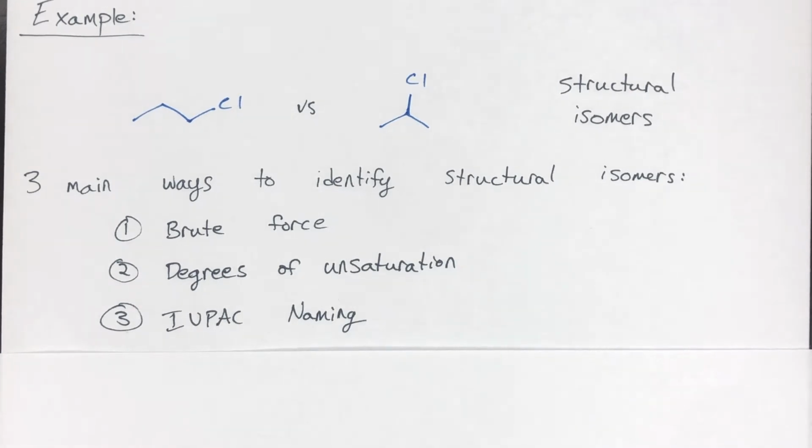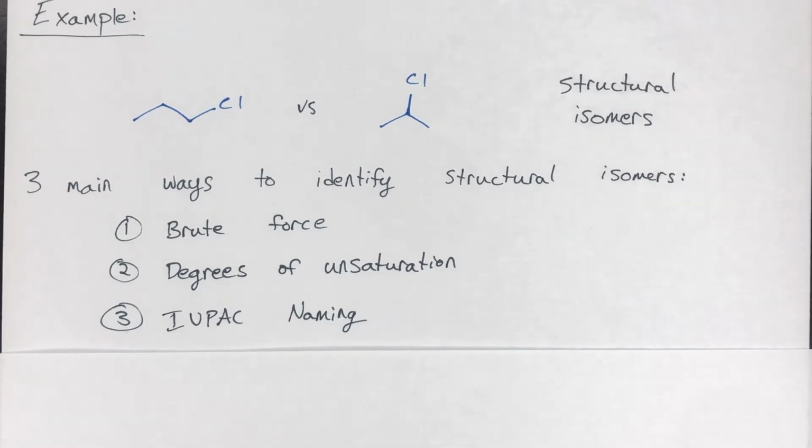Now, there's three main ways to go about determining the molecular formula and then therefore getting to the structural isomer feature. The first way that I've dubbed the brute force method, and this is simply counting each atom on every single point of the structure. Here we have skeletal structures, so all of the hydrogens are implied, so you need to count each one and then sum up the total. In order for them to be isomers, they would have to have the same total, the same molecular formula that you find when you count them all up in that way.